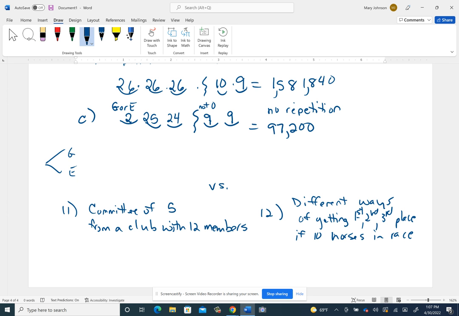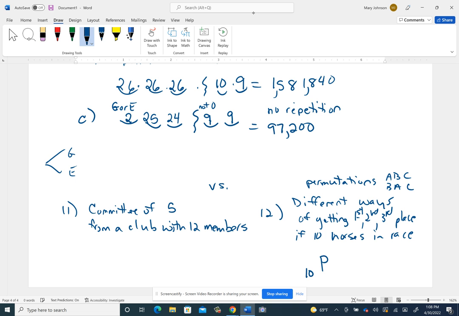When you're thinking about that, this is the permutation one. You've got those 10 horses, think of A, B, C, D, all the way down. If A, B, and C is the way they finish, that's a different way of finishing than B, A, C. So if you ever see first, second, third, gold, silver, bronze, president, vice president, treasurer, those are permutations.